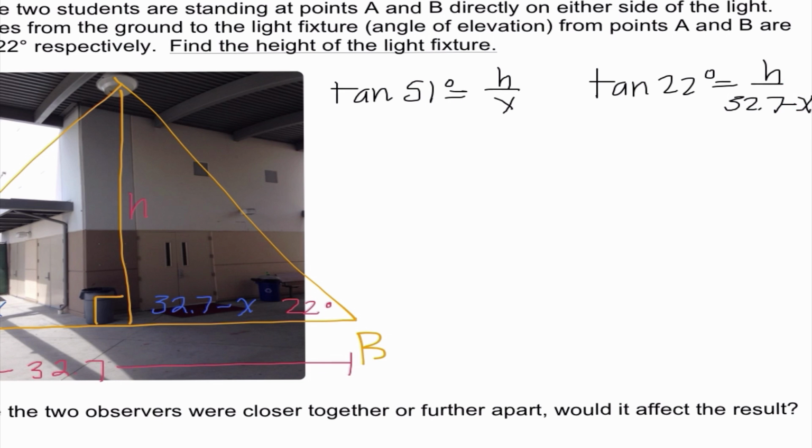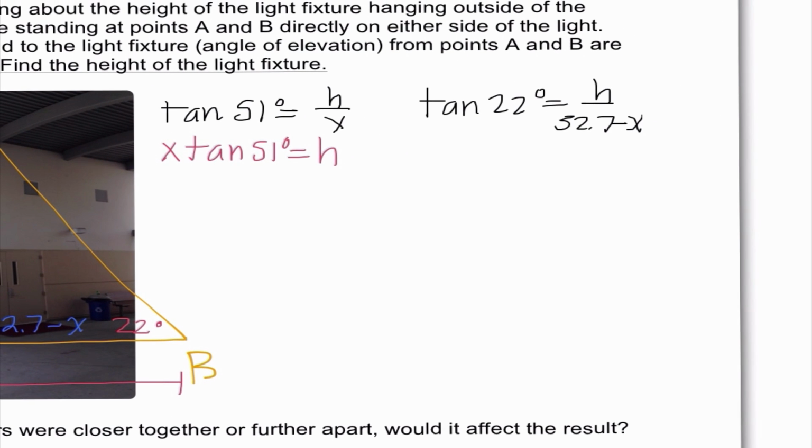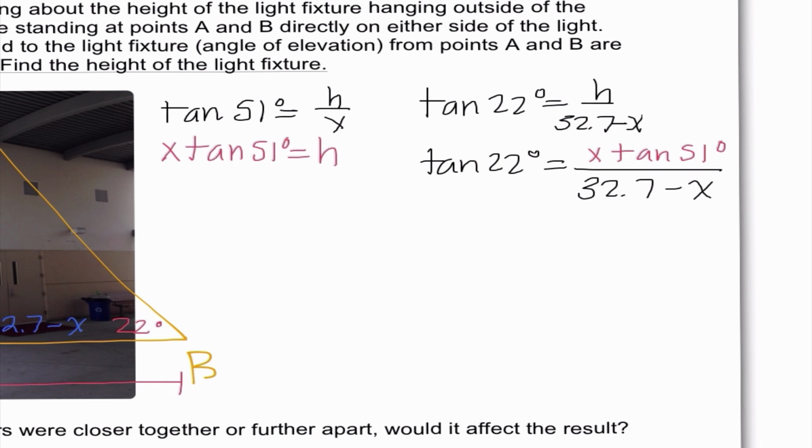There we go. And if I look, I can see I have two different variables. I'm going to want to use substitution here. So I'm going to go ahead and get h by itself. So this becomes x times the tan of 51 degrees equals h. So in this equation, wherever I have an h, I'm going to replace it with x times the tan of 51 degrees over 32.7 minus x.